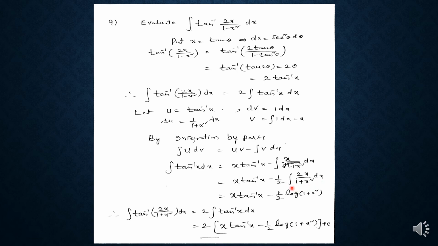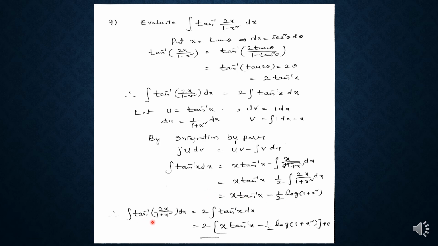Now by substituting the formula, integral f dash x by f of x dx is equal to log f of x, that is x tan inverse x minus half into log of 1 plus x square. So this is the value of integral tan inverse x dx.